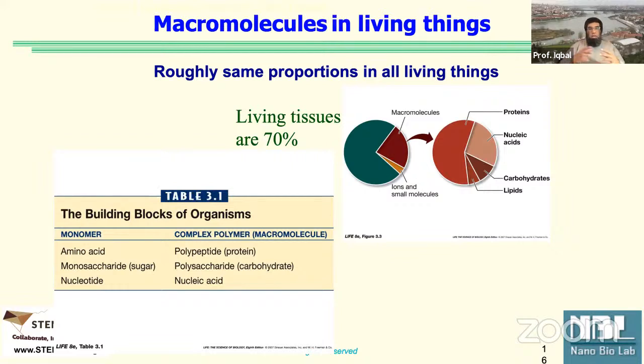So there are building blocks of a bunch of molecules that do all different things. There's one type of molecule that specializes in information storage. Can somebody tell me what molecules do the important part of information storage?